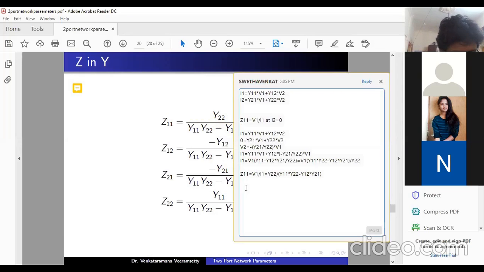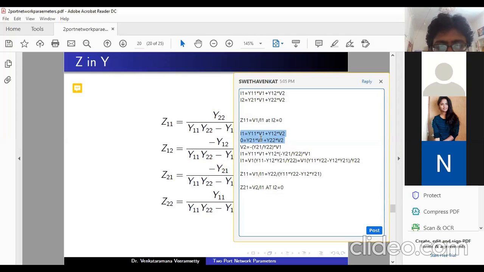Now Z21 equal to V2 divided by I1 at I2 equal to 0. At I2 equal to 0, we can use these two equations for getting the Z21. So Z21 equal to V2 by I1. We have the V2 here and the I1 here, but here we have the V1. So you have to find the V1 value in terms of V2 and replace that value here.